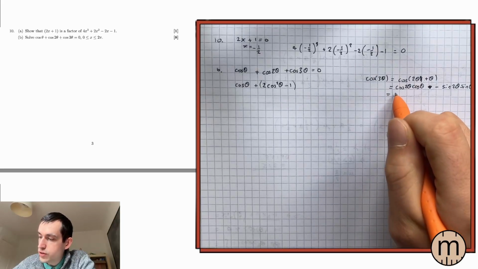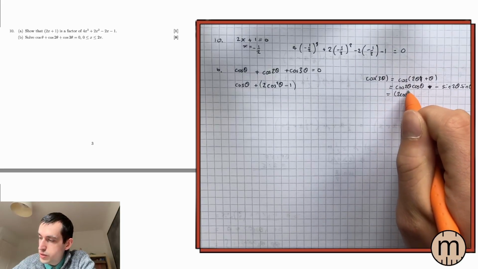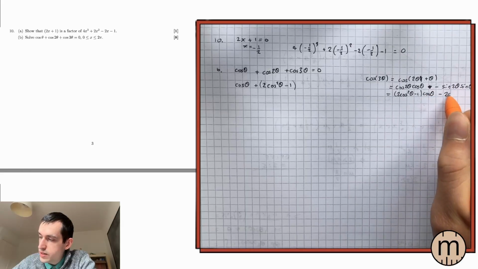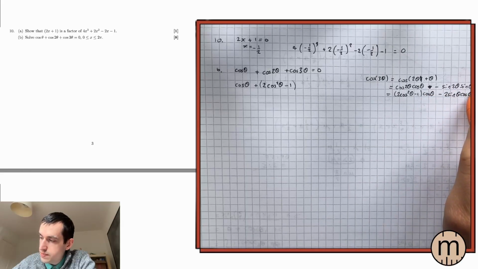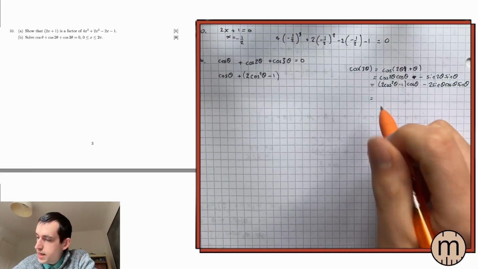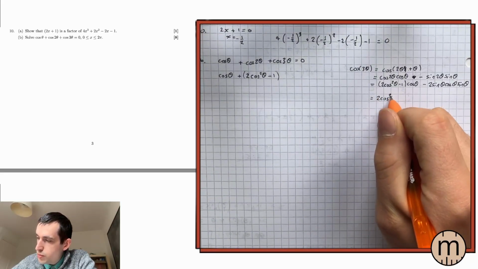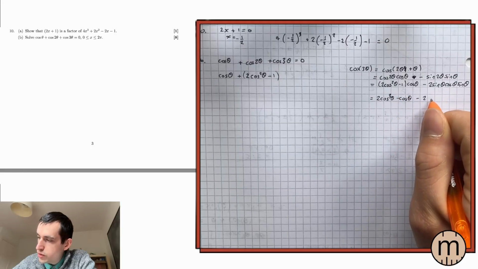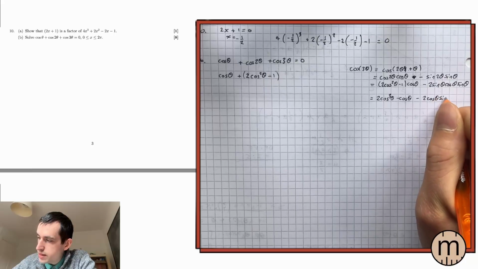Using the identity of cos 2 theta, which is 2 cos squared theta minus 1, and using the identity for sine 2 theta, which is 2 sine theta cos theta, we rearrange this, and once we expand, we're going to get 2 cos cubed theta minus cos theta, minus 2 lots of cos theta sine squared theta.